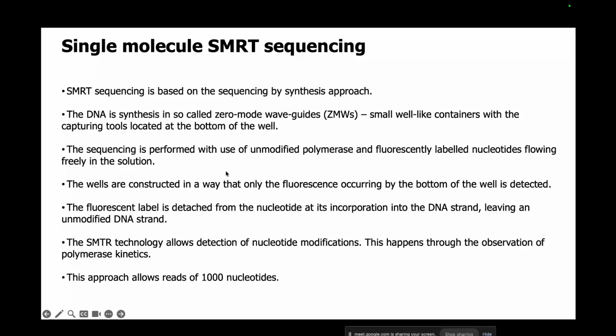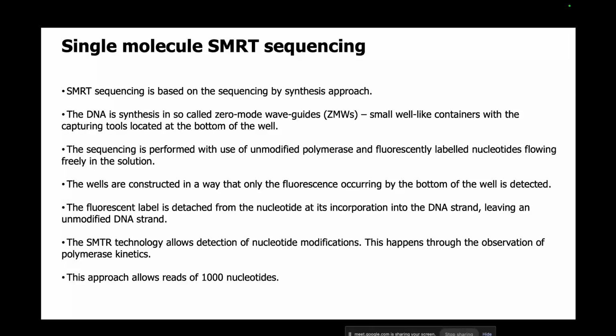The sequencing is performed with the use of unmodified polymerase and fluorescently labeled nucleotides flowing freely in the solution in those microwells. These wells are constructed in a way that only the fluorescence occurring by the bottom of the well is detected, and the fluorescent label is detached from the nucleotide at its incorporation into the DNA strand, leaving an unmodified DNA strand.